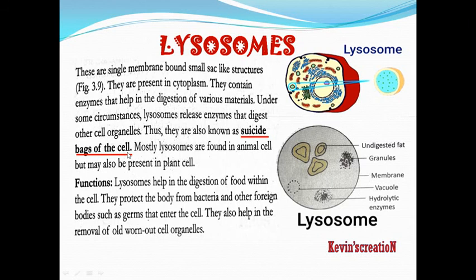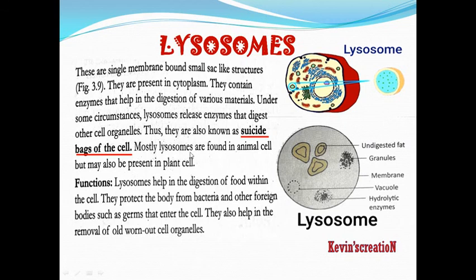The function is to digest the materials, but at times it starts digesting its own cell organelles, and that is why the name given to it is suicide bags of the cell.